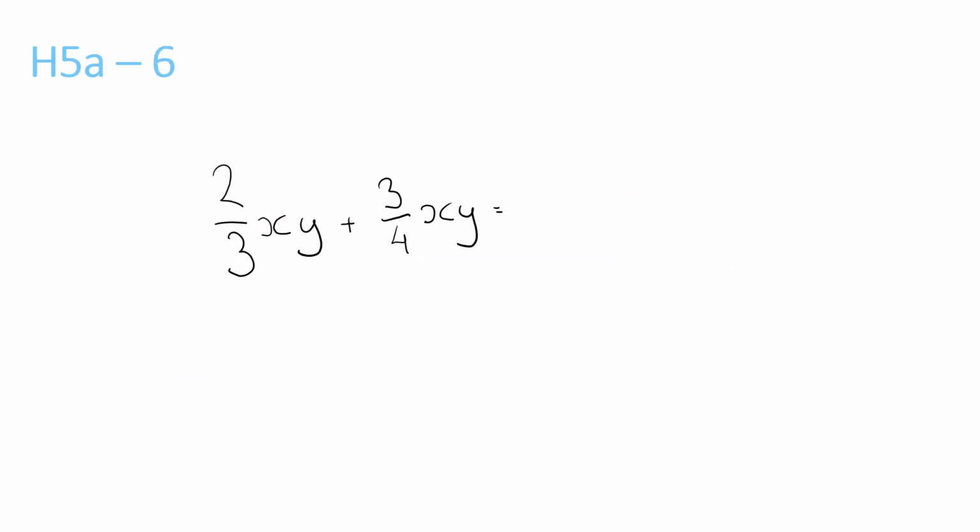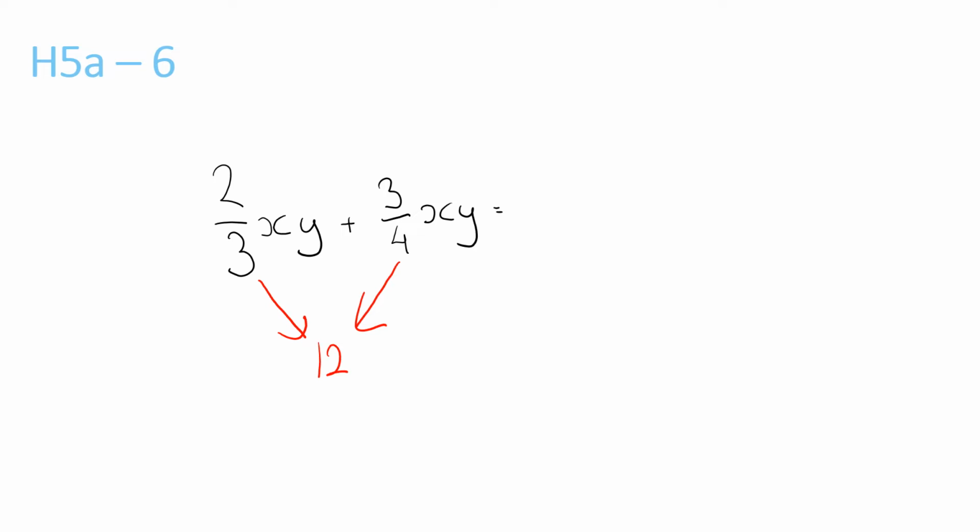The same goes for this one. 3 and 4, the LCM is the lowest common multiple of them both. Of 3 and 4 is 12, so you have 12. You can't have 6 because they don't go into it. 24 wouldn't be the lowest, so you get 12.